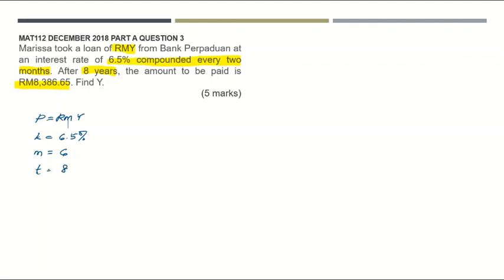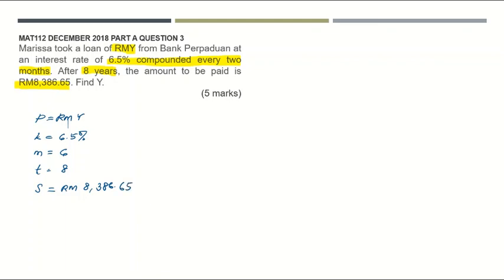The final amount that you have to repay for the loan taken 8 years ago is 8,386.65. This gives you the future value, or S, that is RM 8,386.65.